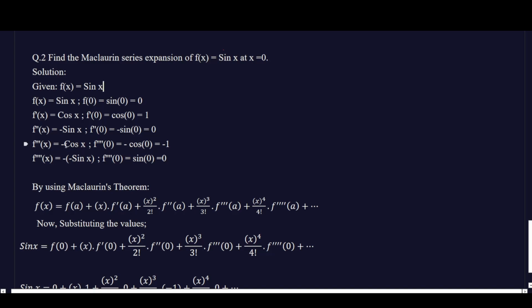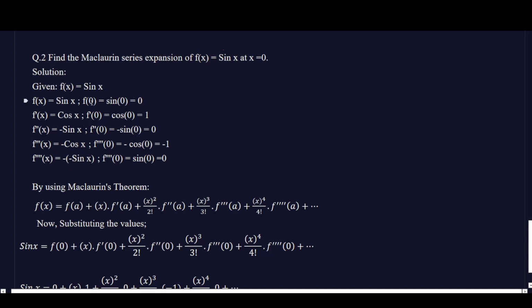If we take the derivative of minus cos x, we take the derivative of cos x, which gives minus sin x, but we have minus in front of the cos x, so we keep the minus here. So minus minus becomes plus, and the fourth derivative of sin x becomes sin x.